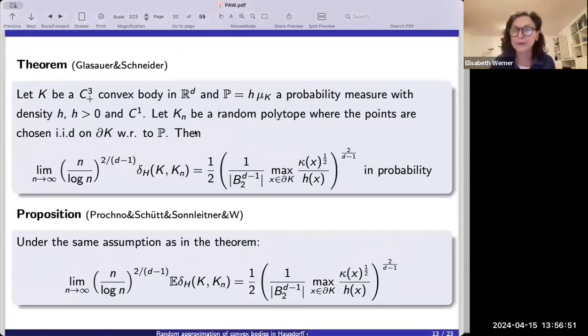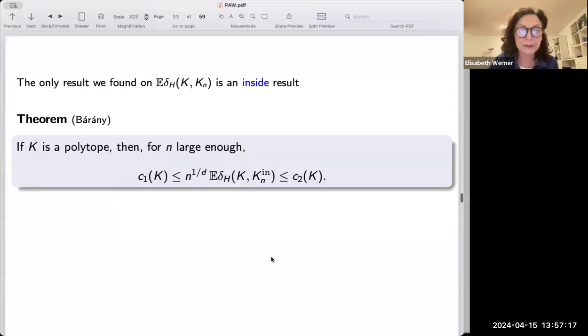Which simply follows using, as I said, the Glasauer-Schneider result, and one has to use another result by Dümbgen and Walther, and one has to do a good tail estimate, and then interchange integration and limit with a dominated convergence theorem, and then use Glasauer and Schneider. That gives us this.